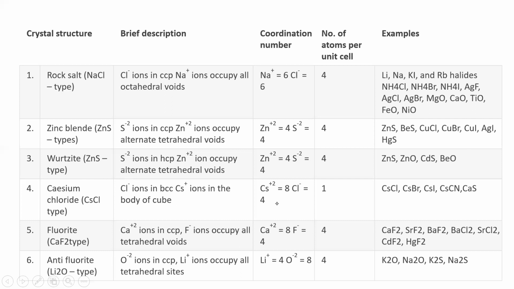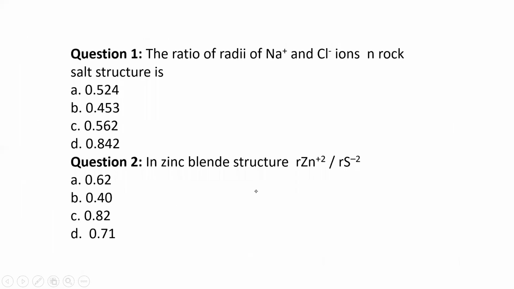And now we are going to see some questions based on this concept. The radius ratio of sodium ions and chloride ions in the rock salt structure is 0.414. This we have already calculated, so this point is important. Next, in the zinc blende structure, the radius ratio of zinc ions to sulfide ions is, option C, 0.82.